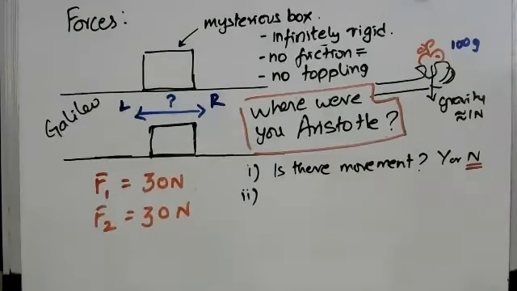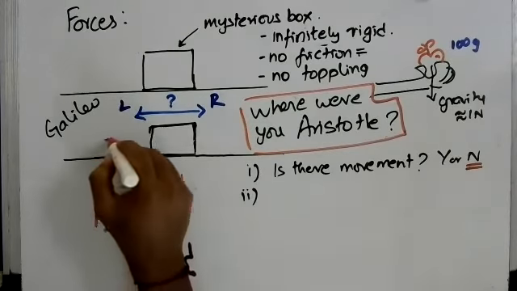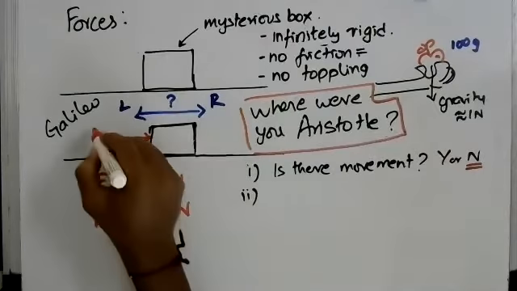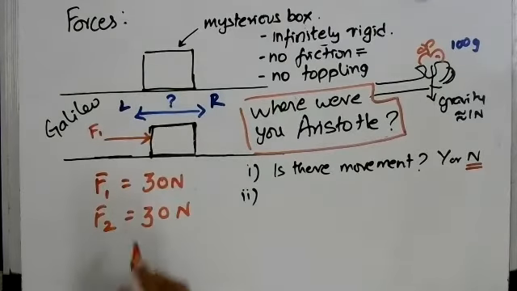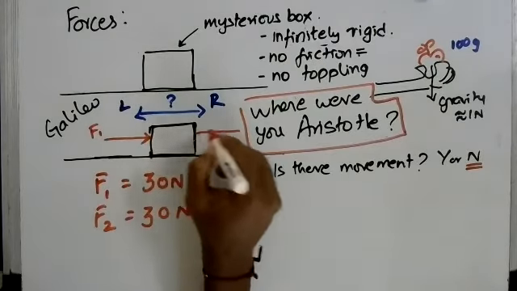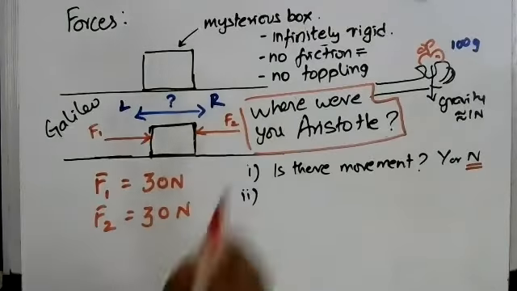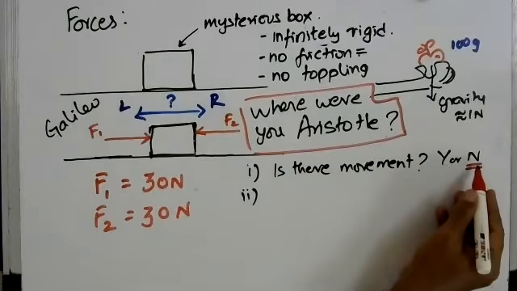Why? Because there is a variety of situations that are possible. I can say the force of 30 newtons is acting from this direction, and the other from the opposite direction. Then your answer will be no, there is no movement.